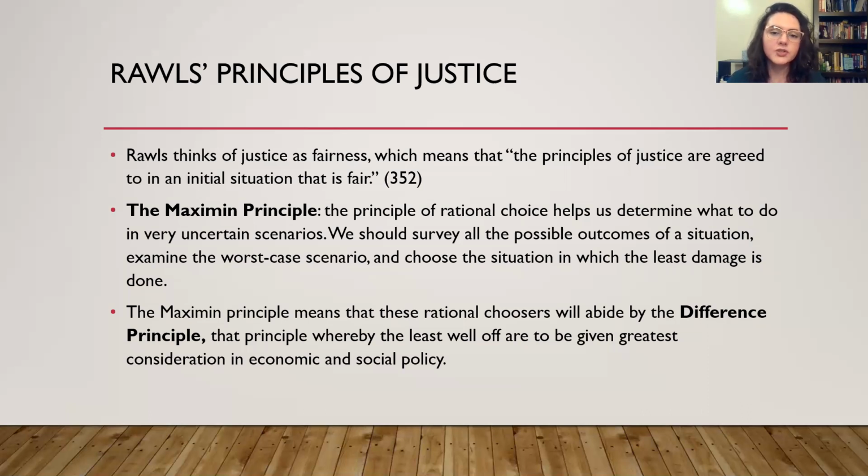If the rational agent who doesn't know where they fall is going to choose that worst case scenario that is going to do the least damage, when it comes to choosing principles of justice, or how we construct an economic or social policy with the best benefits for all, you would give the greatest consideration to those who are least well off. Those people are already at a disadvantage, and we want to make sure that our policies don't disadvantage them any further.